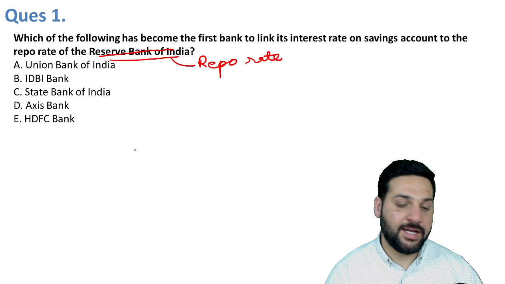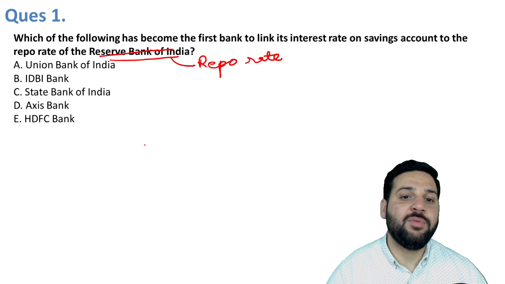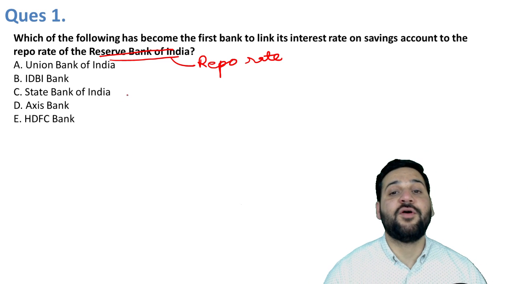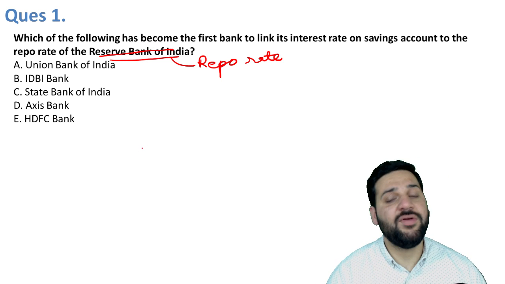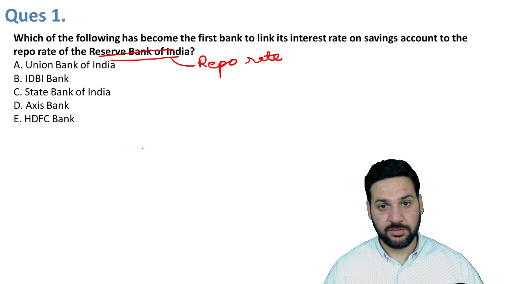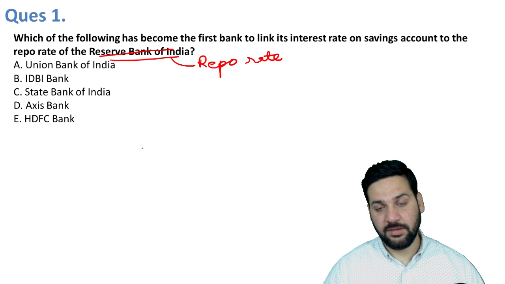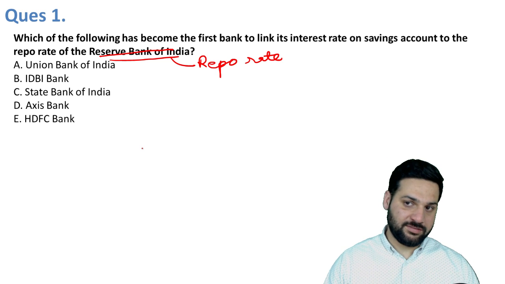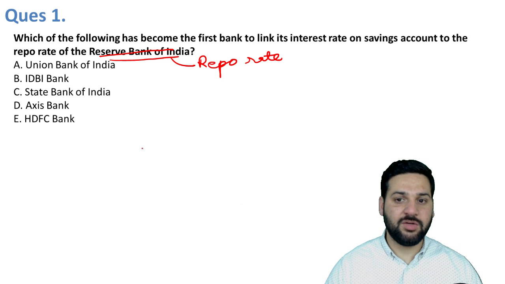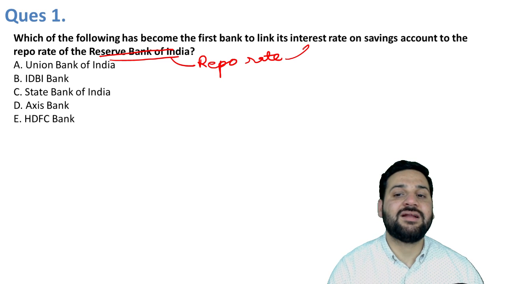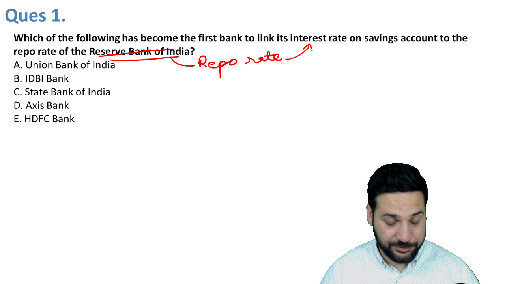These rates are not aligned. Normally, we wait for the banks to follow and change their deposit and lending rates, but sometimes they don't. They don't increase the interest rate on saving accounts and FDRs.